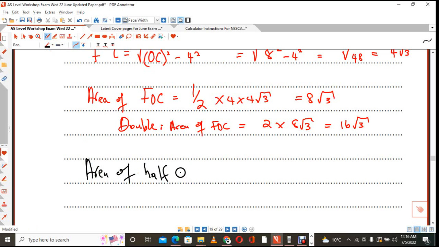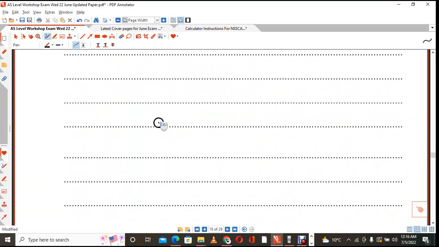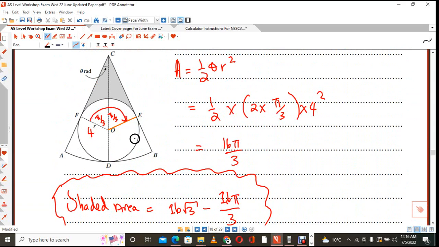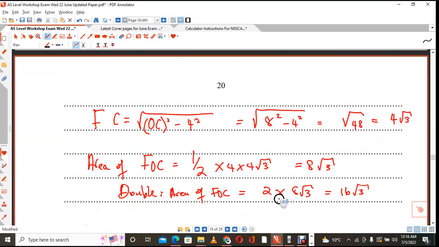Okay, then the next thing that you do, you can say the area of half a sector. Doesn't have to be a complete sector. You will say a half times pi over 3 times 4 squared. Well, that gives you 8 pi over 3. Okay, so half a sector, remember, it's still the sector here that I was using, FOE, but just half of it. So double that.